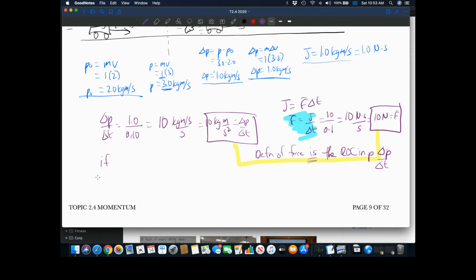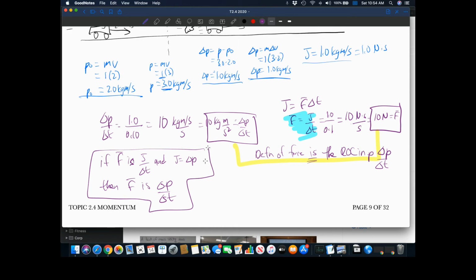All right, so if the average force is the rate of change in impulse and the impulse is equal to the delta P, then the average force is delta P over delta T. So we see it through the numbers, but we can also see it by pure deductive reasoning: if J is always equal to the change in momentum, then J over delta T is delta P over delta T. And this is the definition of average force, the rate of change in momentum.